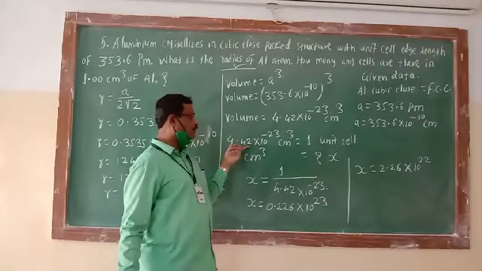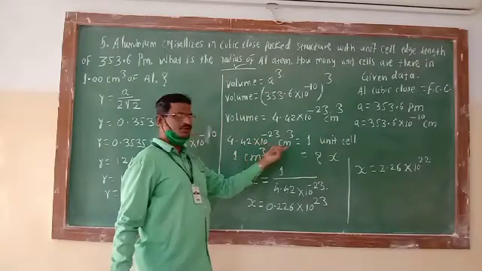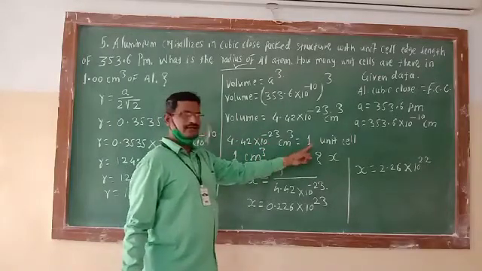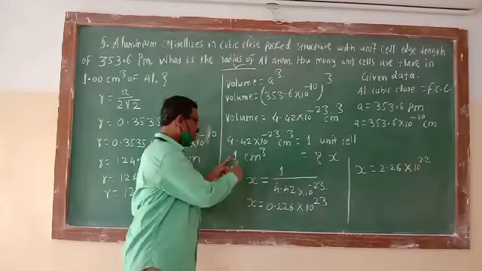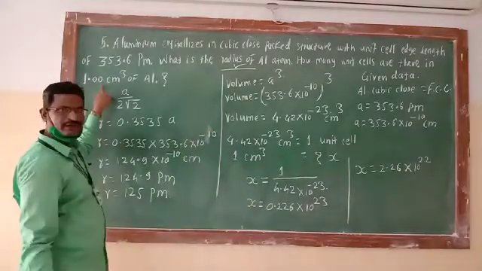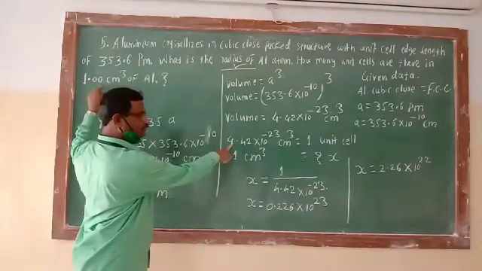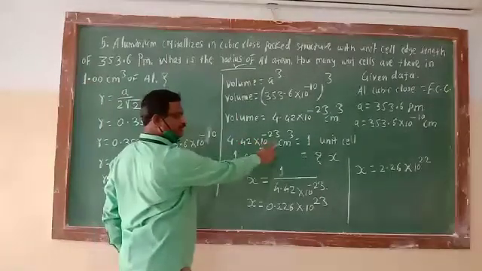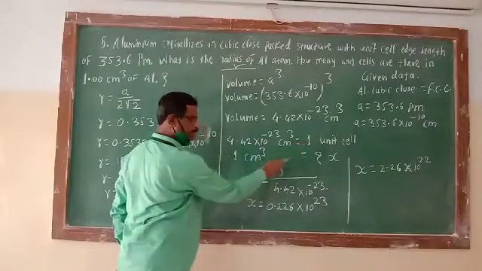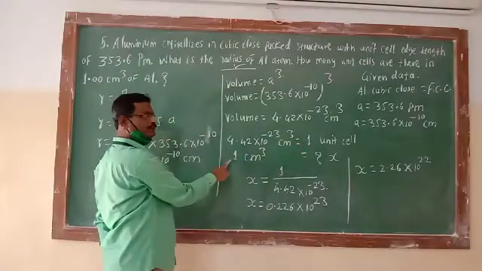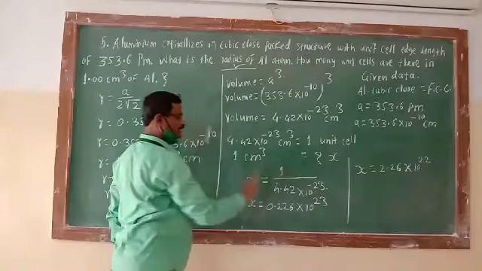So 4.42 into 10 raised to minus 23 centimeter cube is nothing but 1 unit cell. So for 1 centimeter cube, we have given a second calculation. 4.42 into 10 raised to minus 23 centimeter cube is 1 unit cell. Therefore 1 centimeter cube is equal to how many unit cells?